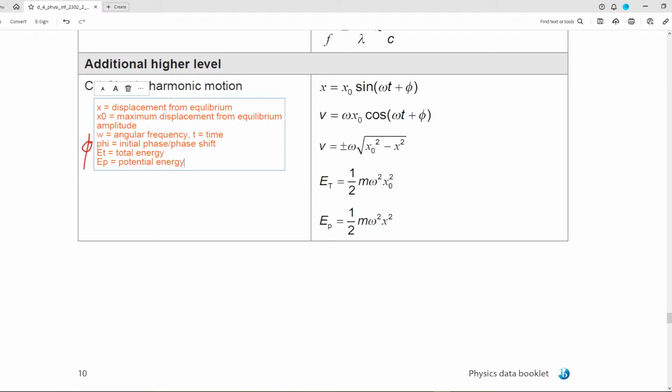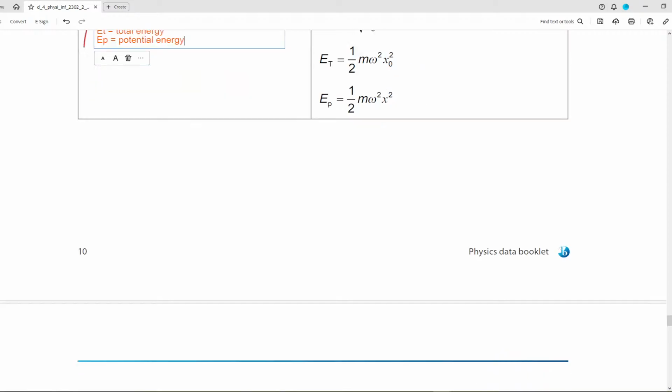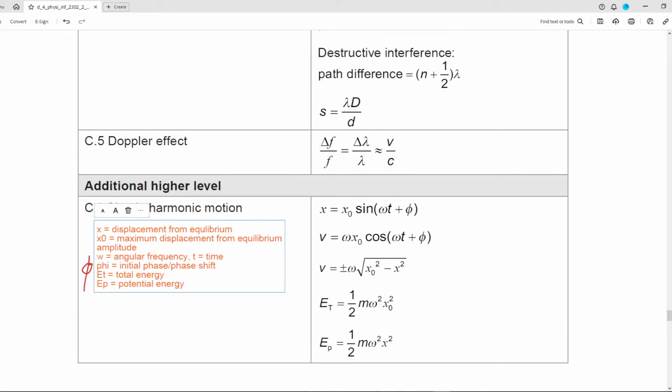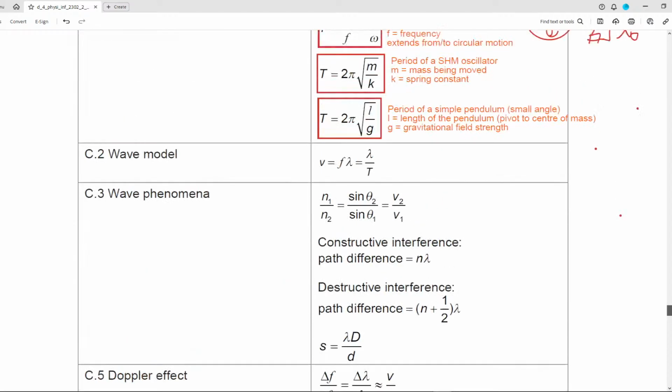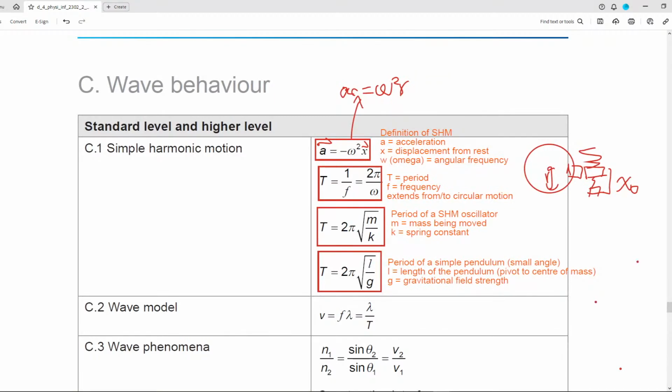But let's take a look over here. I feel like I missed something, so I'll go back quickly. I remember what I missed. It's over here because acceleration is negative omega squared x. We calculate F net.